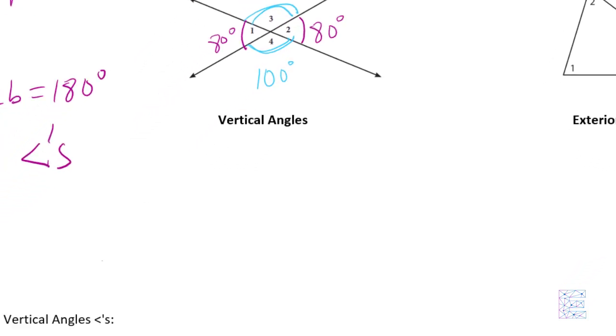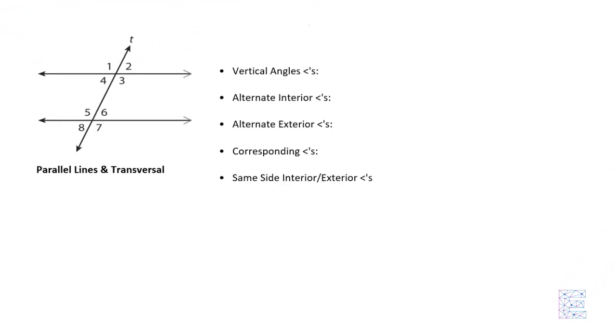The third idea and concept that we ought to be familiar with for the SAT and ACT is the idea around parallel lines and transversals. So parallel lines are lines that never intersect. An example would be this line right here, never intersects that line right there. And if you have a line that's intersecting parallel lines, like line T right here, that's called a transversal.